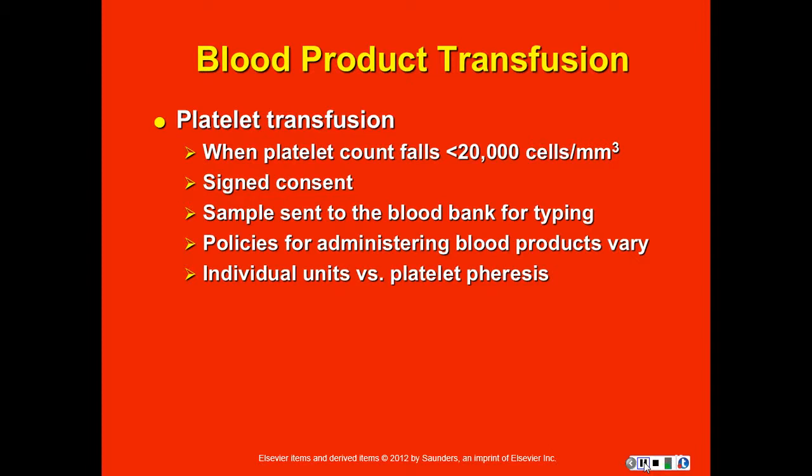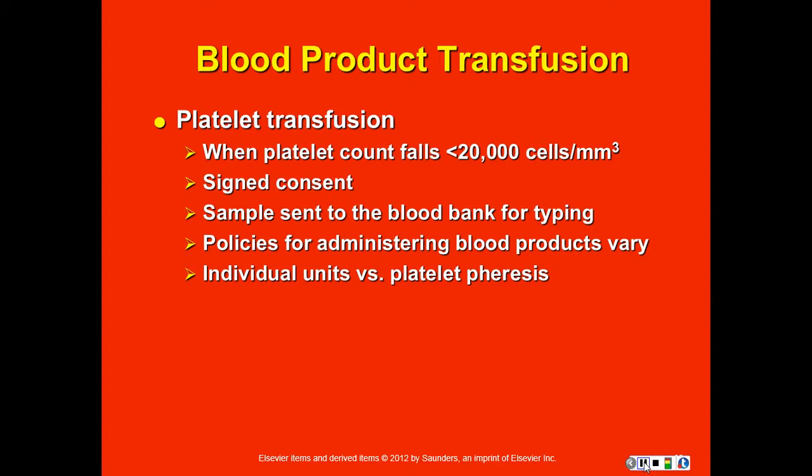In that case, they have to be administered quickly, because what do they do if they're just idle? They clot, right? So the times that I've given individual units of platelets, I've had somebody in the room with me shaking the bags, because you're pulling from the bag, you're pushing it into your patient, you're pulling from the bag, you're pushing it to your patient.